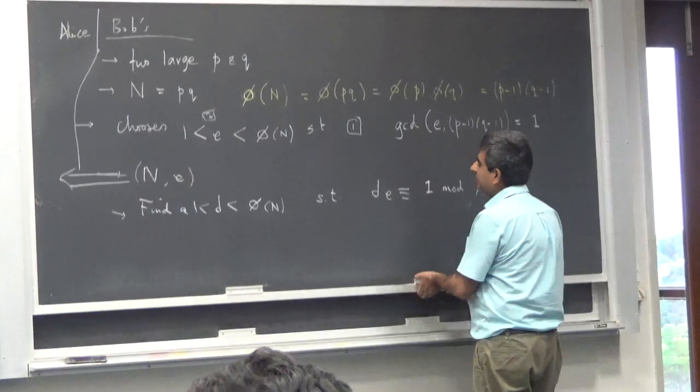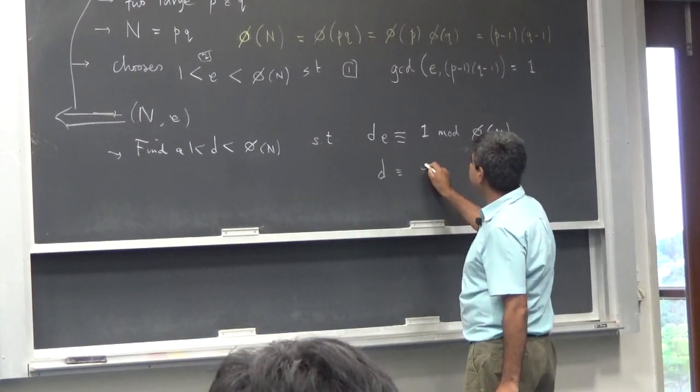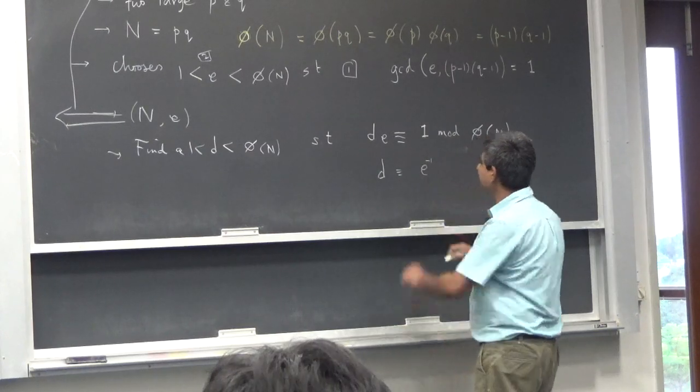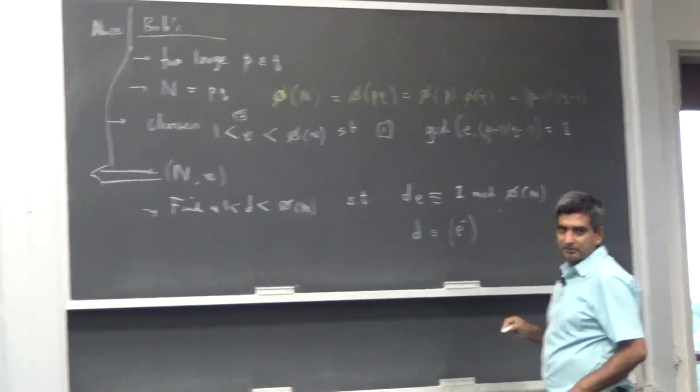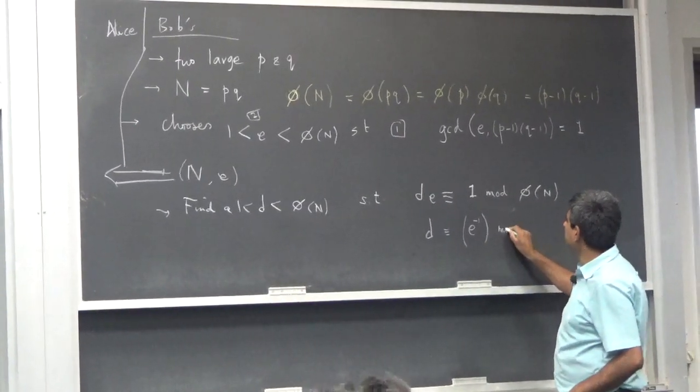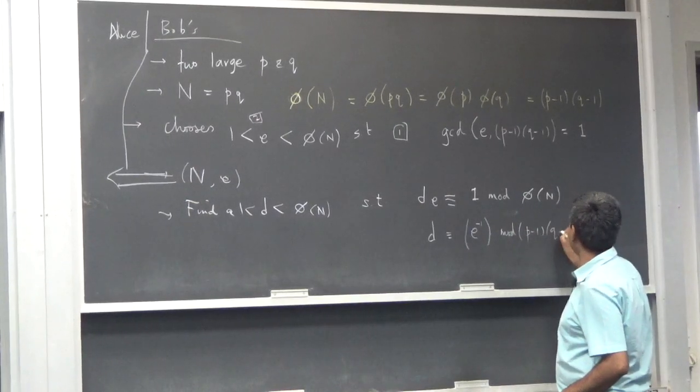There is a creepy way of writing this as well. So D, one way of writing this is D is E inverse, but this is not really the reciprocal of E. This is just a symbol, mod phi n, which is P minus 1, Q minus 1.